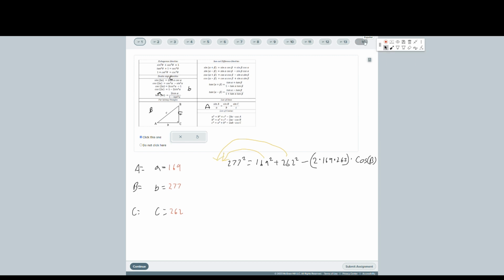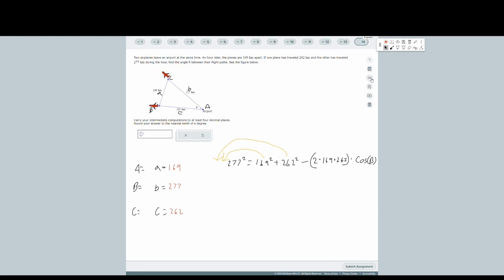and go back and grab my calculator. That'll give me 277 squared minus 169 squared minus 262 squared is equal to that.